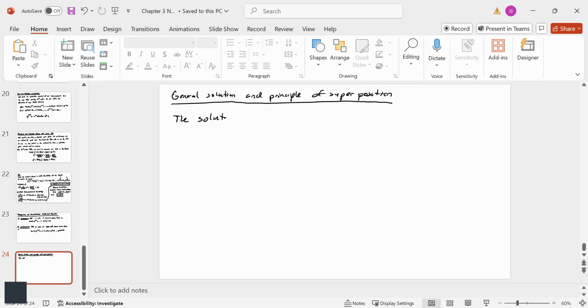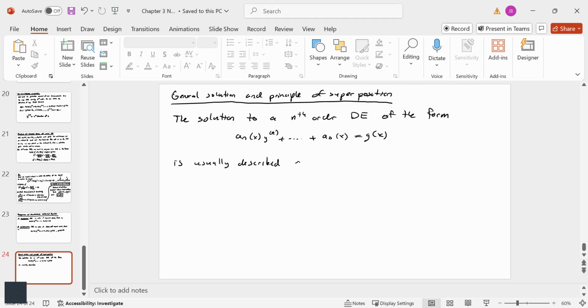The solution to an nth order differential equation of the form an of x, y of n plus dot dot dot plus a naught of x equal to g of x is usually described as y of x.